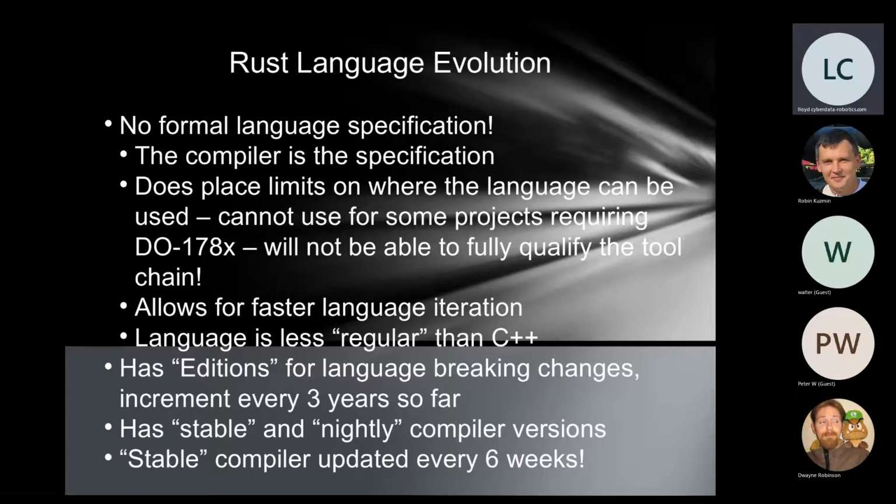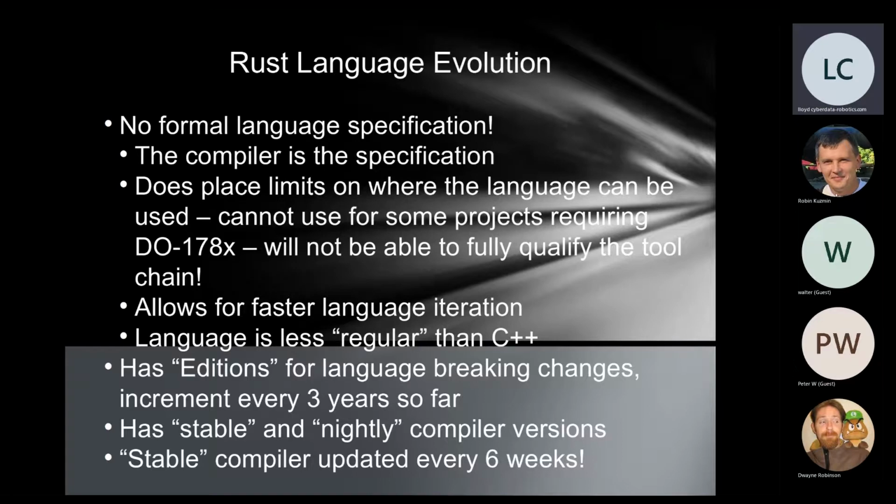One of the things that really gets you is that it places limits on where you can actually use Rust. Currently I'm working in the aerospace world. We do use Rust, but aerospace tends to be governed by DO-178X, ABC. There's a whole bunch of these different standards.